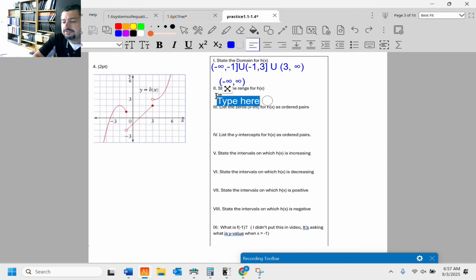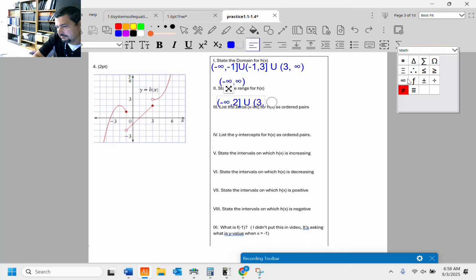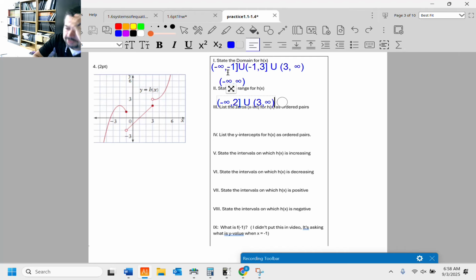So negative infinity to 2, bracket on the 2, union with, you make a jump just to the other side of 3. We're not actually allowed to be 3. 3 to infinity. Good stuff, domain and range.